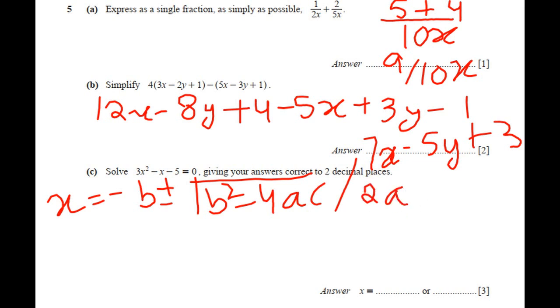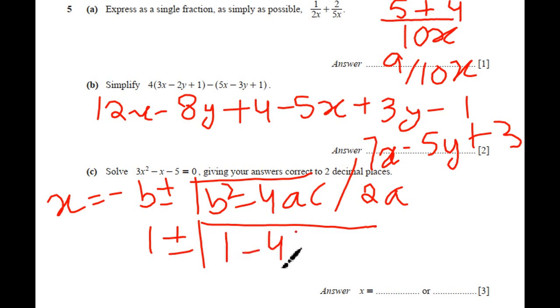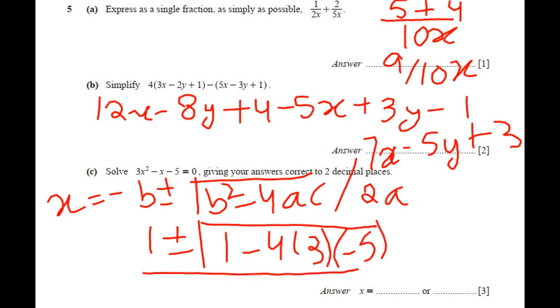So b was minus 1, so minus b will be plus 1 plus minus under root b square. Now the square of negative 1 is 1, minus 4, a is 3, c is minus 5, whole divided by 2a will make 6. Now use your calculators to solve this fraction.